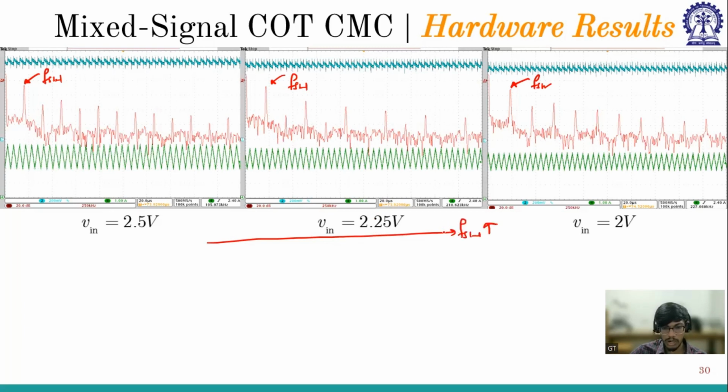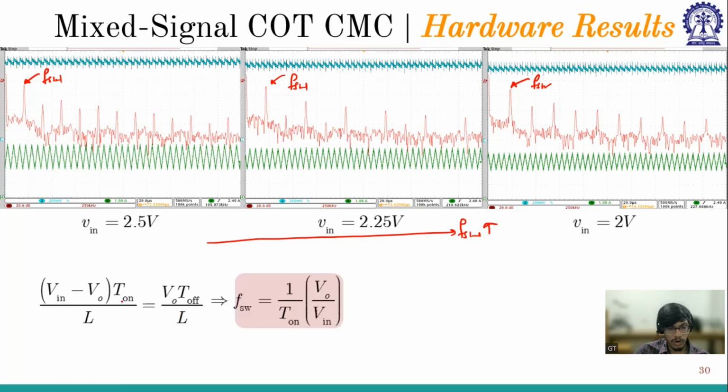So why is it increasing, how is it increasing? We'll come to this. So this is at steady state, right? At steady state, the ripple is the same. So (V in minus V naught) into T on by L is equal to V naught into T off by L. Now if you bring T on to this side and do some mathematical manipulation, we will get this expression: FSW is 1 by T on into V naught by V in. Assume that V naught is almost constant. It is not constant, but assume it is almost constant.